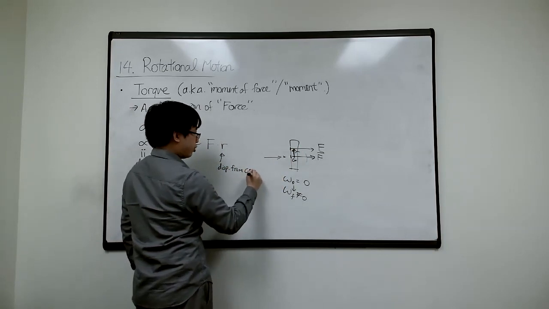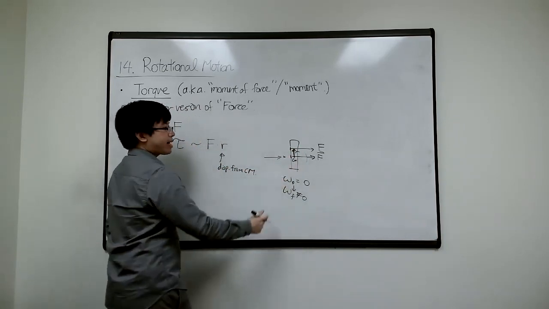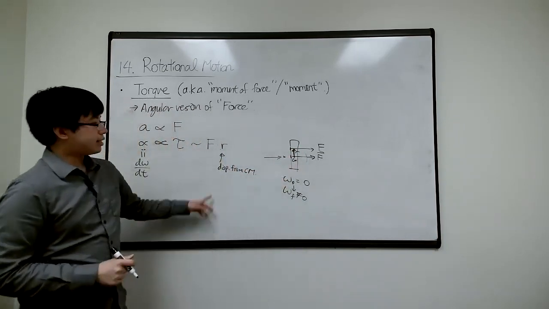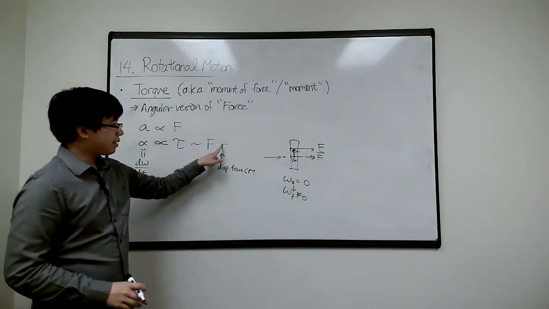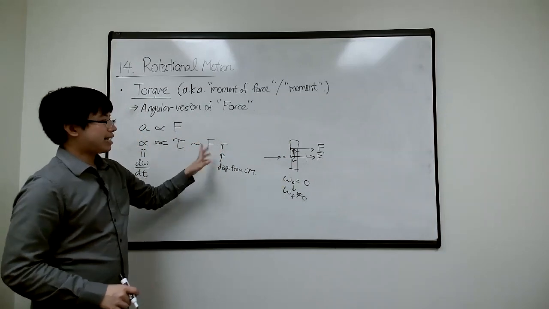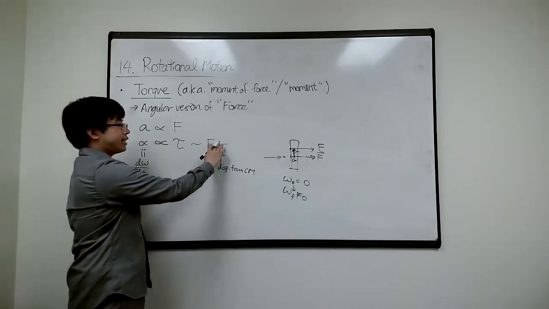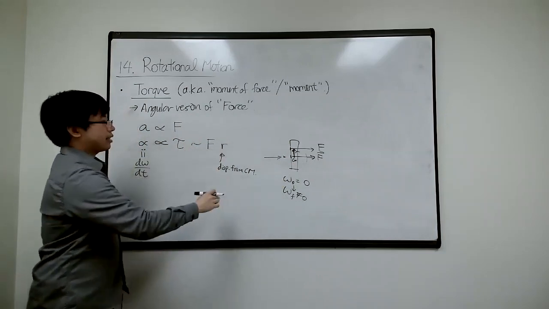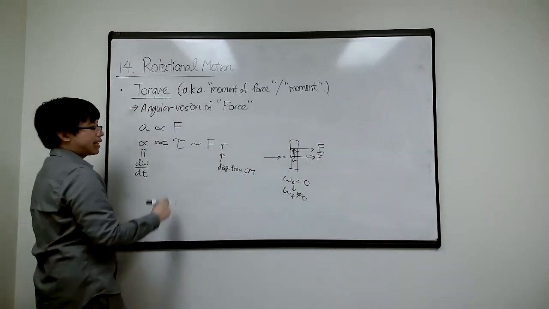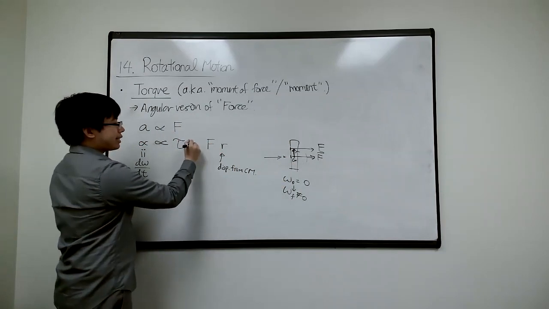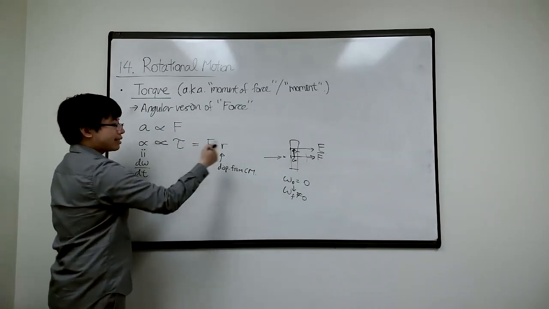Let me just use a shorthand: displacement from center of mass, and F. I'll just talk about the magnitude. Technically I could say distance, but since I don't have a vector sign, it's magnitude. So these are just scalars, that's fine. I'll remove the dot to avoid confusion, so it's just scalar multiplication. And we basically define torque as this, okay?